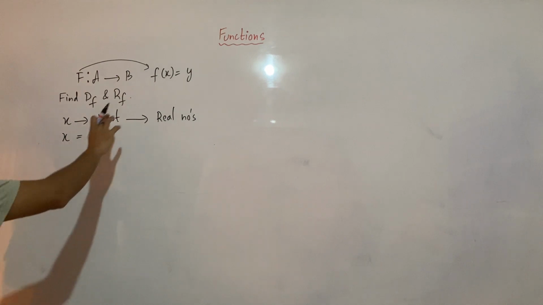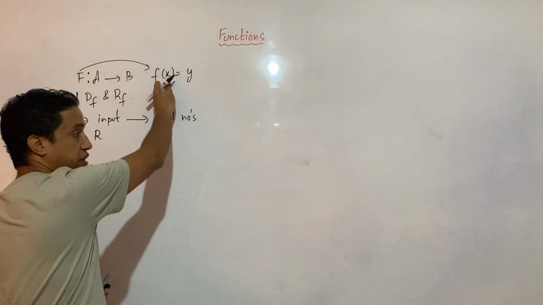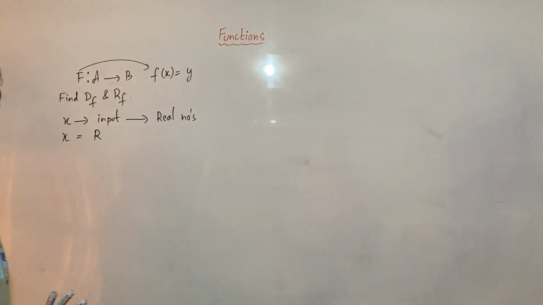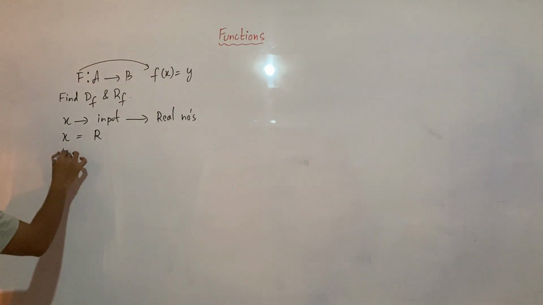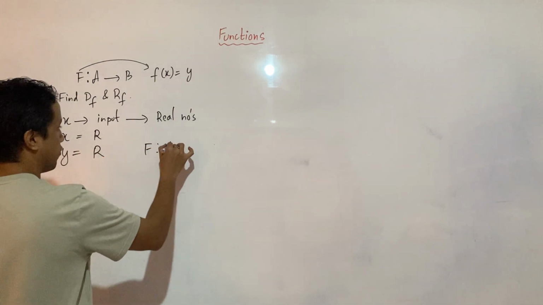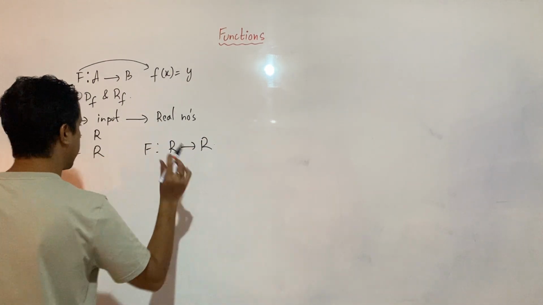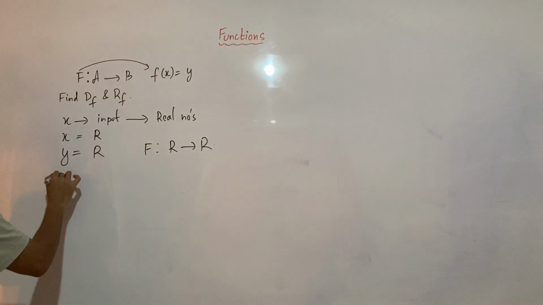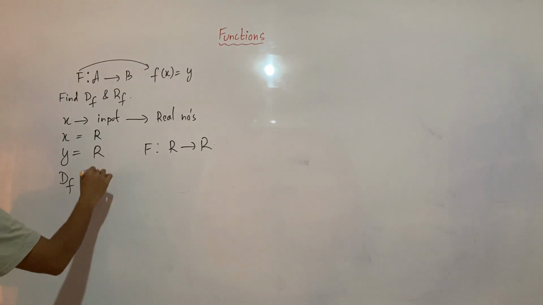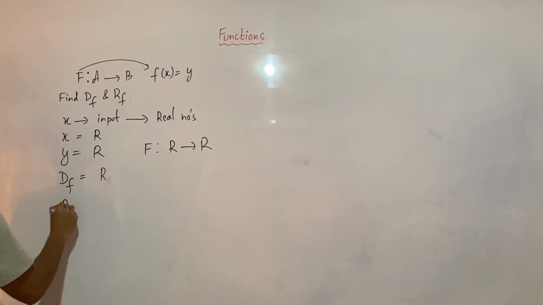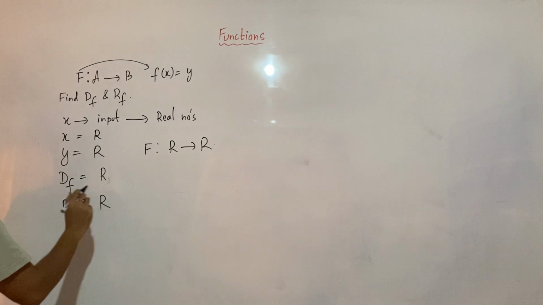For any real value you put here, you will get a real value corresponding to that. So your y is also going to be R, or in short, it is f from R to R. So in this case, the domain is going to be the real numbers R, and your range is going to be R.